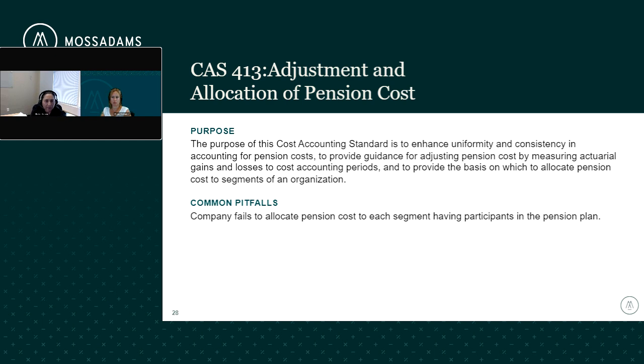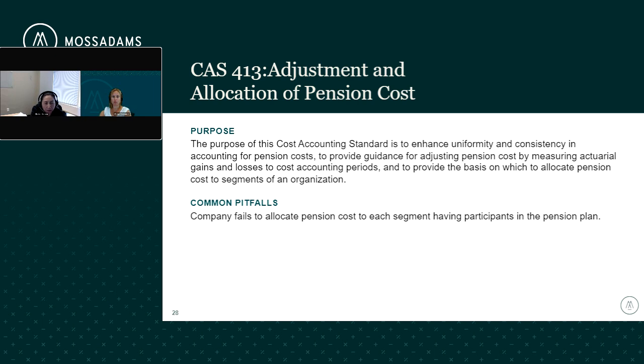It's that you've adjusted it for each amount in the segment where participants are in the pension plan. And so really thinking through, once we identify what the measurement of the cost is, how is that then being allocated to those segments where those participants are in the pension.